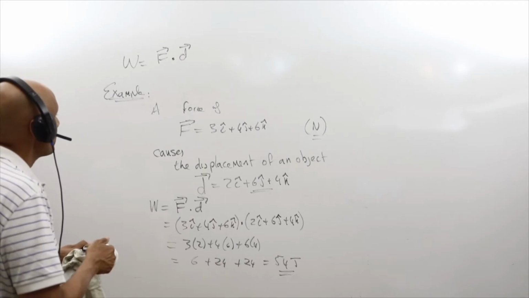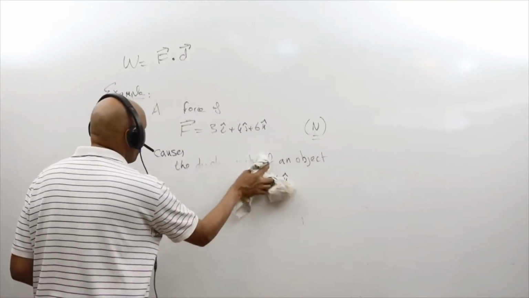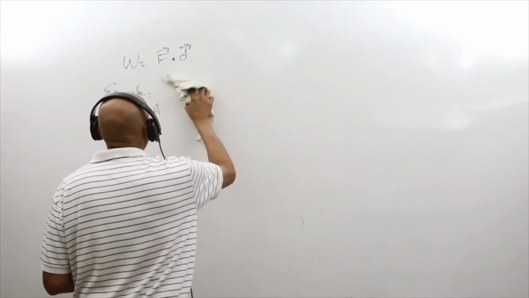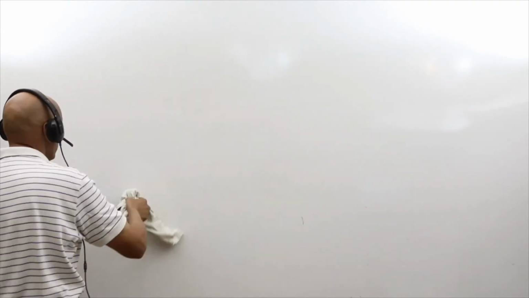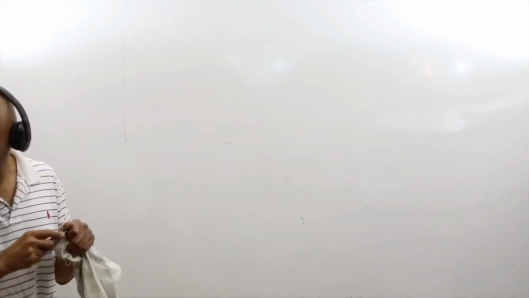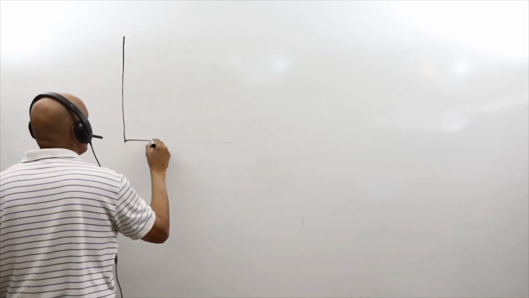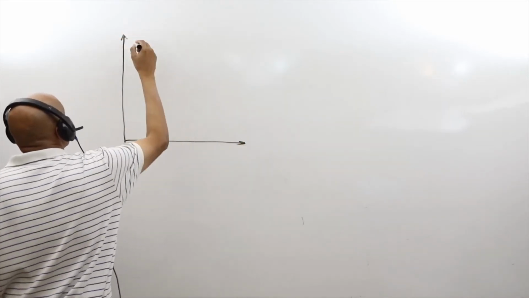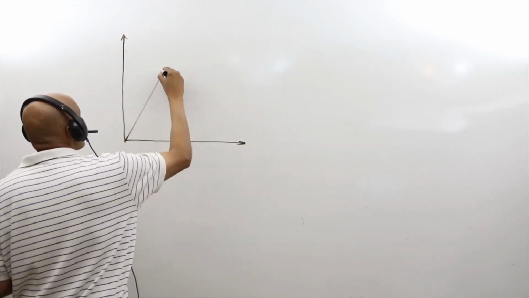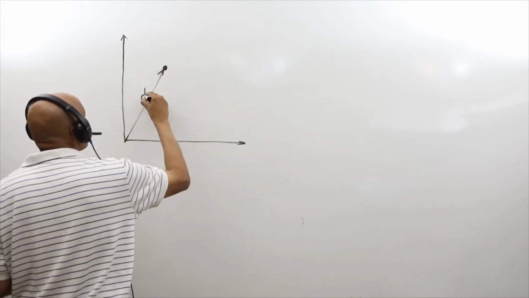So let's extend this further. I'm going to draw a diagram. Imagine we have a two-dimensional system, and we have the position vector r of some particle at time t.